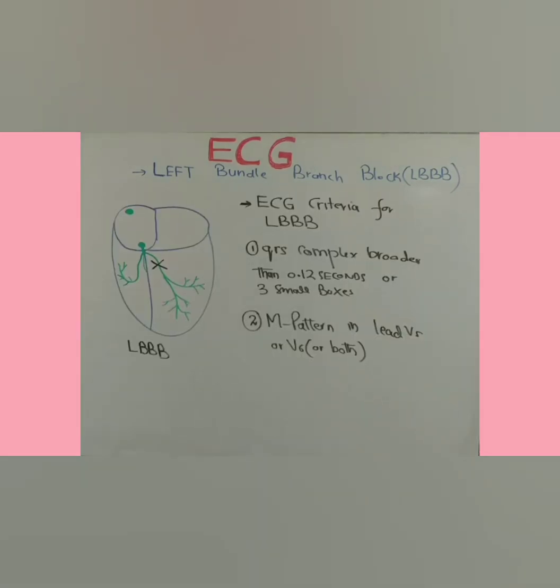So finally, we can conclude the ECG criteria for the diagnosis of left bundle branch block. This is a left bundle branch and here is a block. It can be because of a major ischemia. A new onset LBBB is always taken as equivalent to ST elevation MI. But an old left bundle branch block can be because of many other reasons.